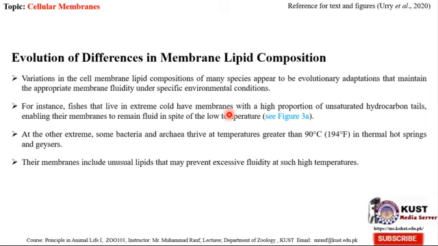On one hand, you have a higher proportion of unsaturated hydrocarbon tails. On the other hand, there are unusual lipids that prevent excessive fluidity.